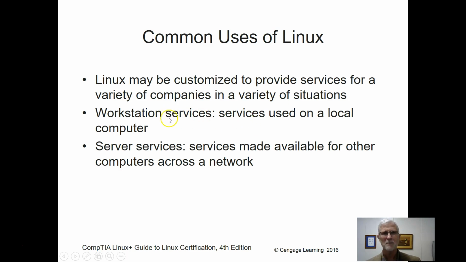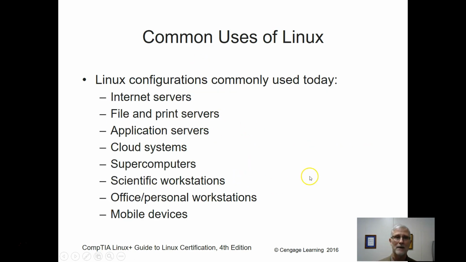Now, some of the common uses. Since it can be customized, it provides services across different companies and different situations: workstation services on a local computer, server services like web servers and database servers. We're going to be installing a workstation type using VMware Workstation, so you can actually install a version of Linux.